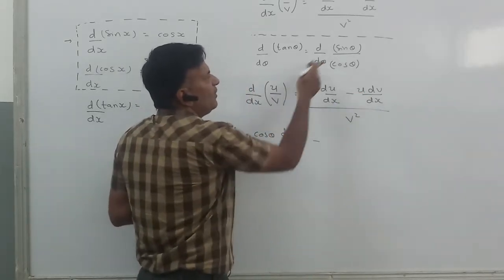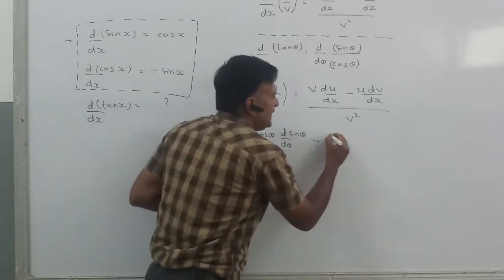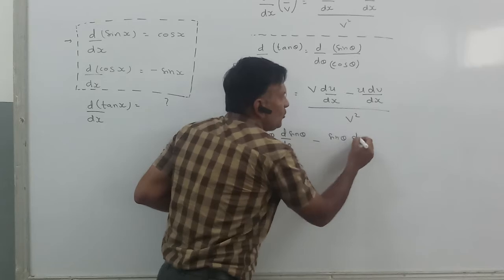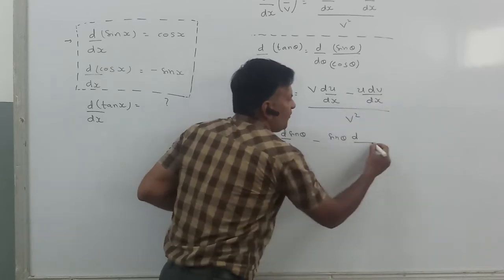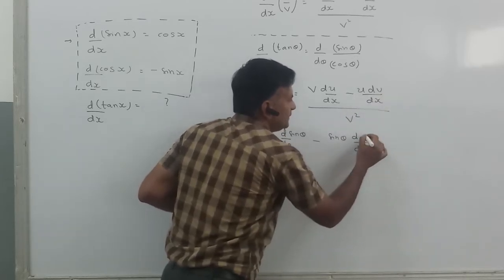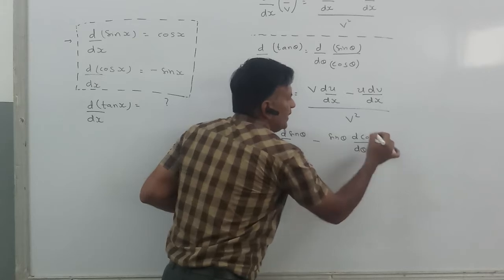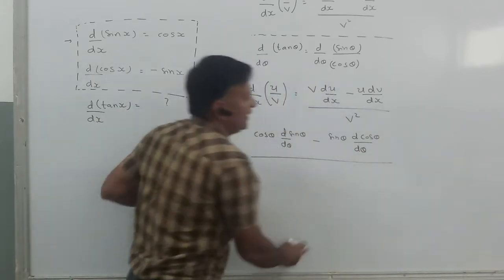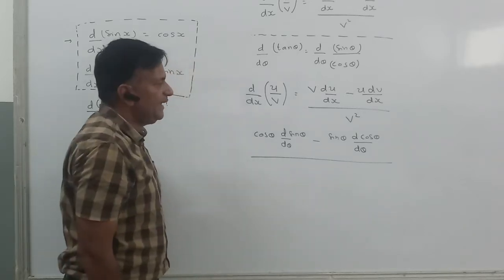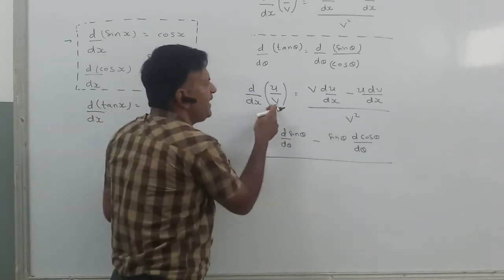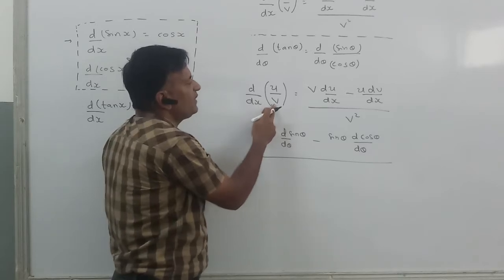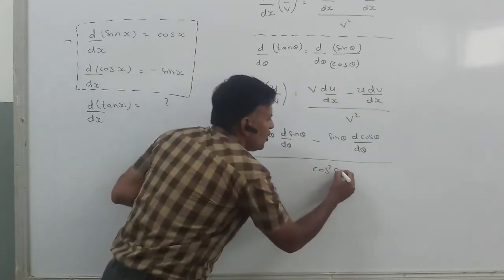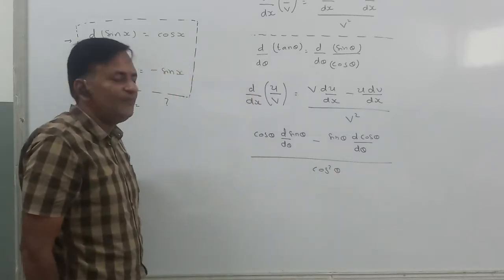What is in place of u? It is sin theta. So this is sin theta written as it is, and now you have to carry out the differentiation of cos theta. Okay, now this entire term is divided by v square. Where is v? It's in the denominator. And what is the denominator? It is cos theta. So what we will write over here is cos square theta.